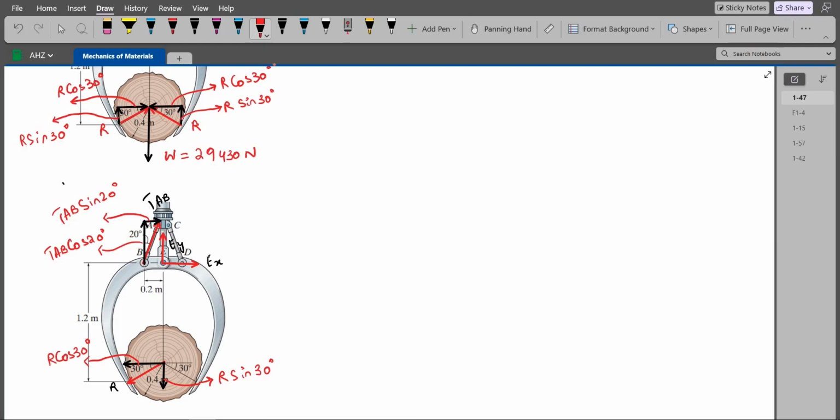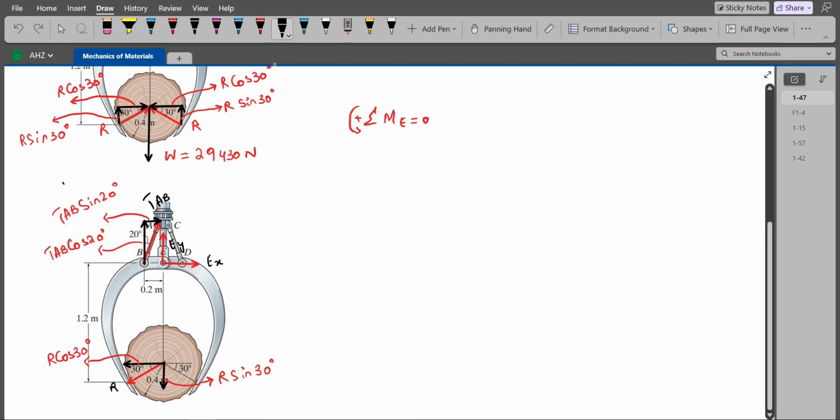Now we have to find the TAB force. For the TAB, I can do summation of moments at point E equals 0. I'm considering the counterclockwise direction as positive. EX and EY will not produce any moment about point E because they are passing through it.